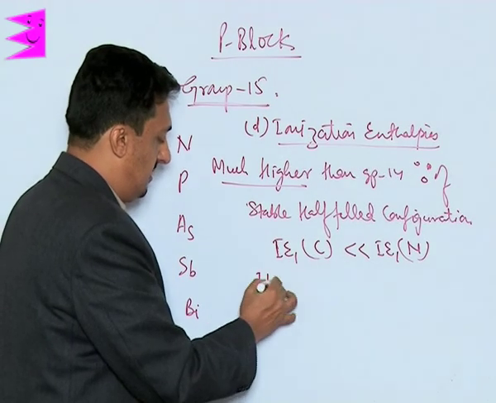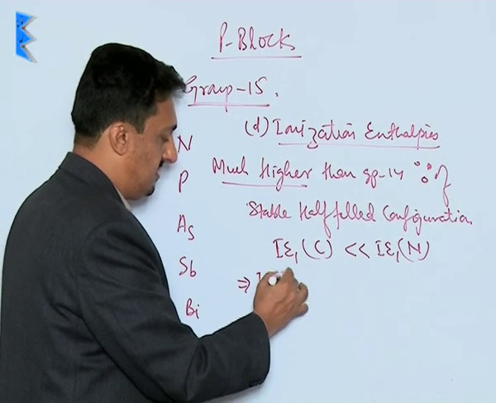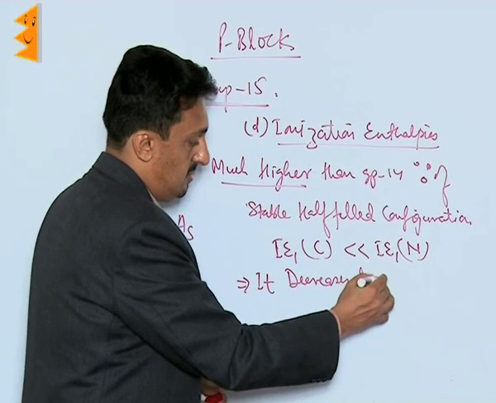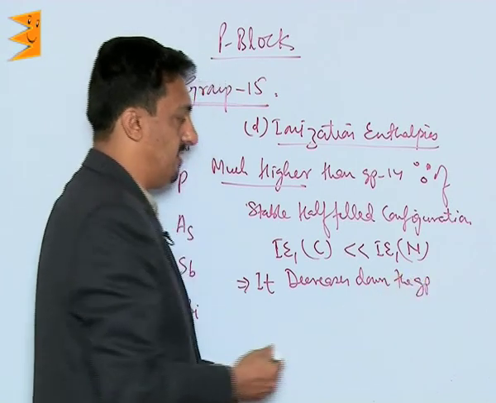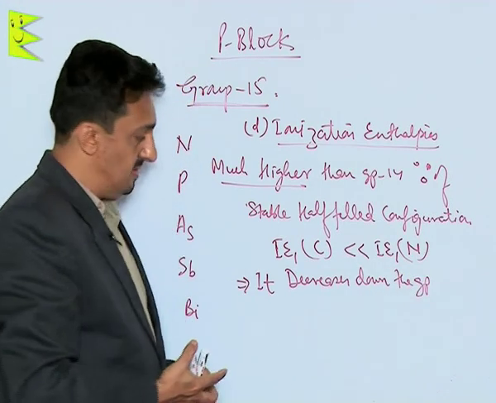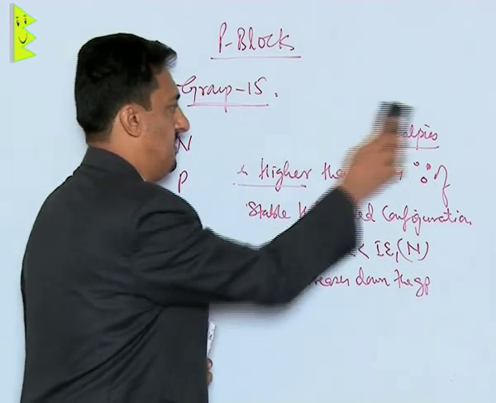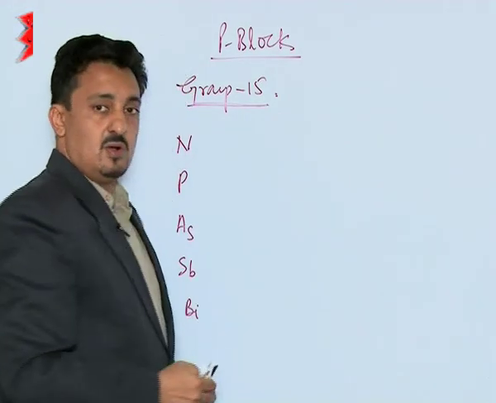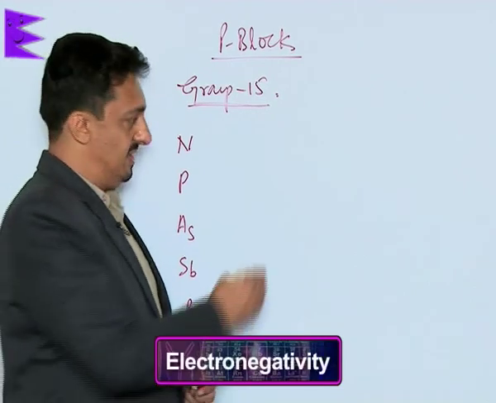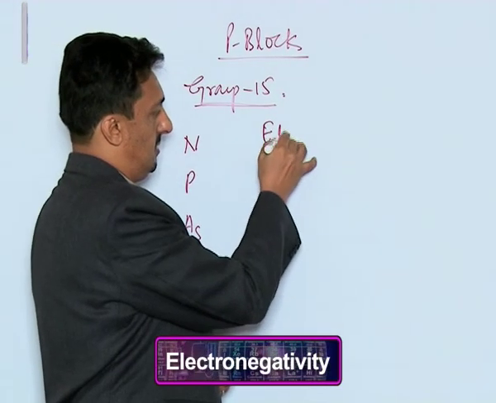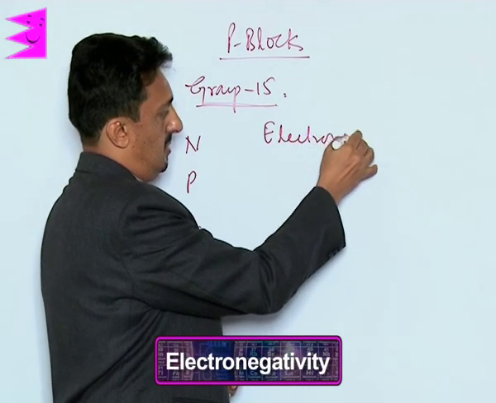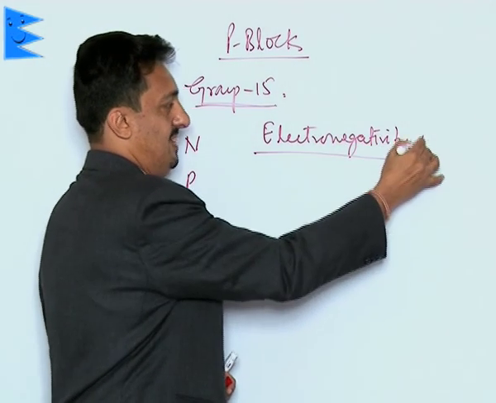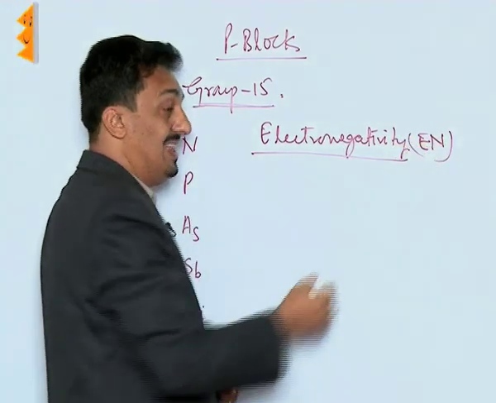Remember, this ionization enthalpy decreases down the group because the atomic size increases. Now let us do the next very important property called electronegativity. We know all of these are very electronegative.